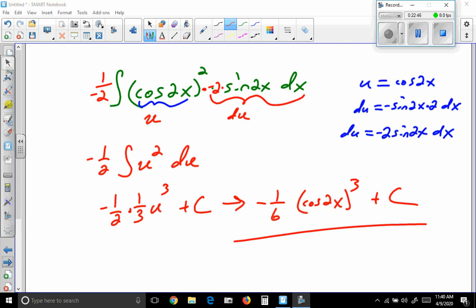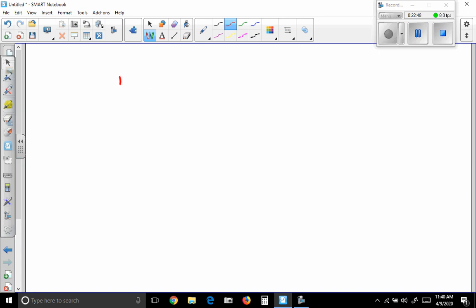Okay, let's do a definite integral. Let's look at the integral that goes from 0 to 1. Let's do x squared times, let's do 4x cubed plus 2 to the 5th dx.